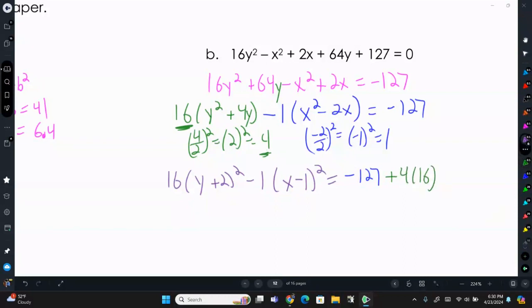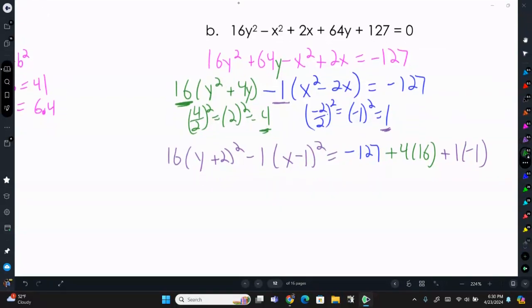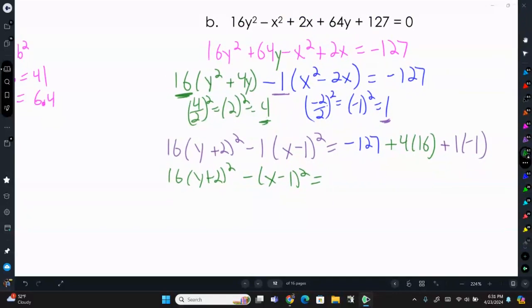And then for the x's, I added 1, but I have to multiply it by the negative 1 that I factored out. So now I have 16 times y plus 2 squared minus x minus 1 squared equals, this right side, negative 127 plus 4 times 16 is 64, plus negative 1 is going to give us negative 64.